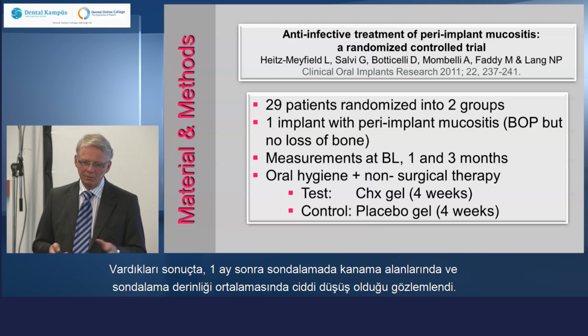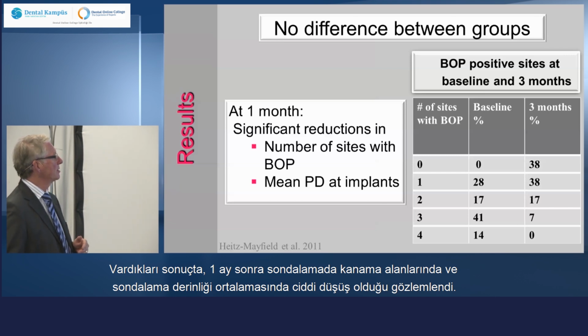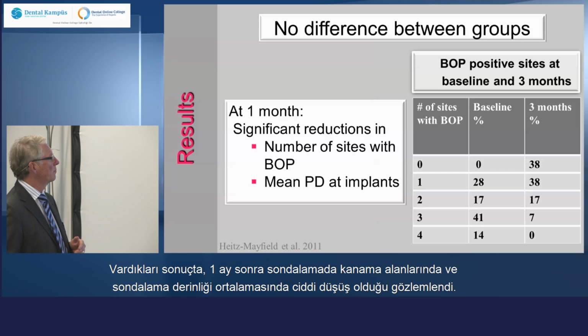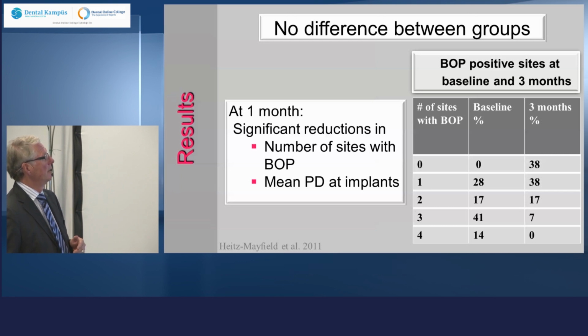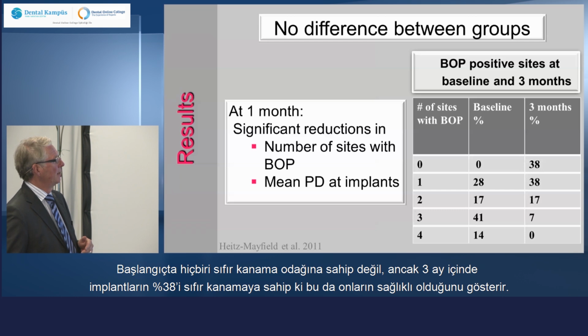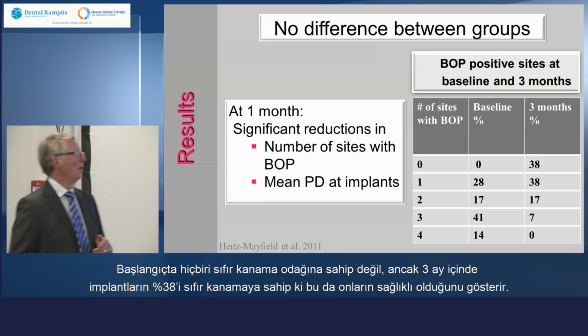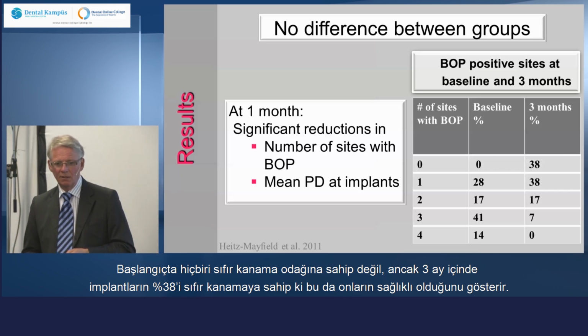And what they found, after 1 month, they had significant reductions in the number of sites with bleeding on probing and mean probing depth at implants, but there was no difference between the groups. And you can see the BOP positive sites at baseline and 3 months. At baseline, you had none of them with zero bleeding, but in 3 months, you had 38% of the implants with zero bleeding, indicating that they were healthy.